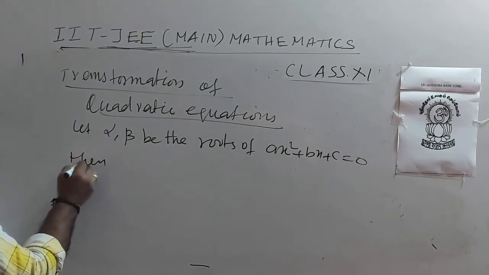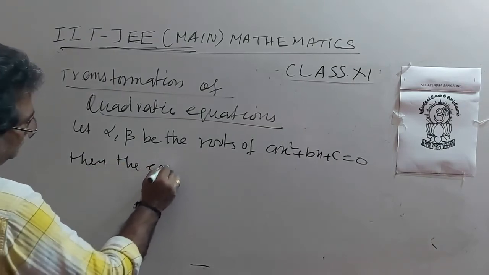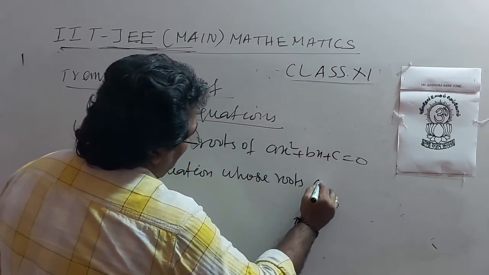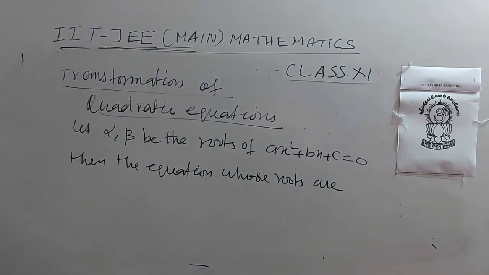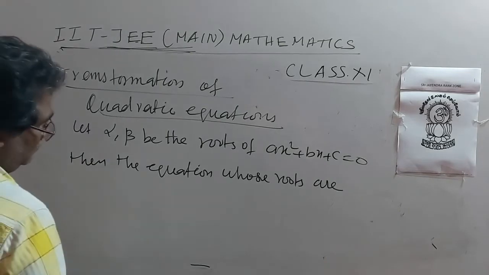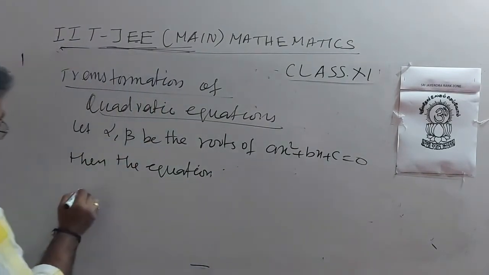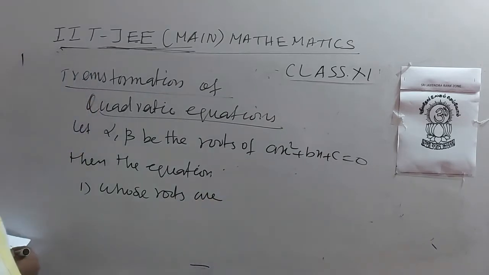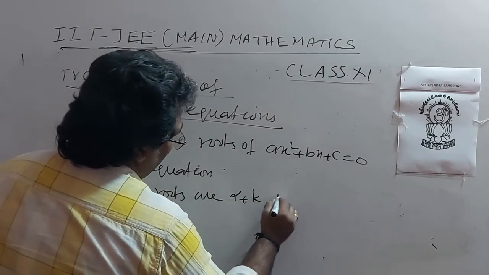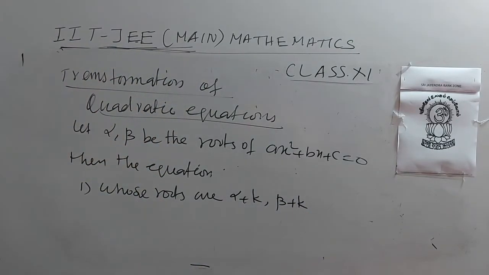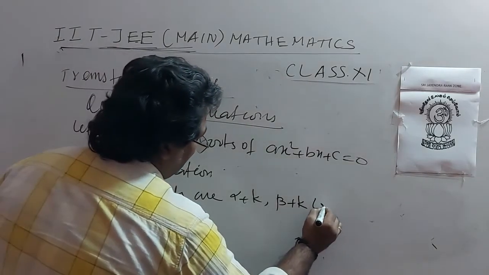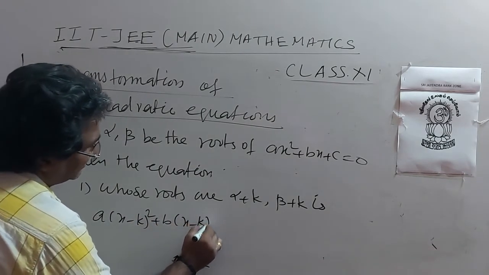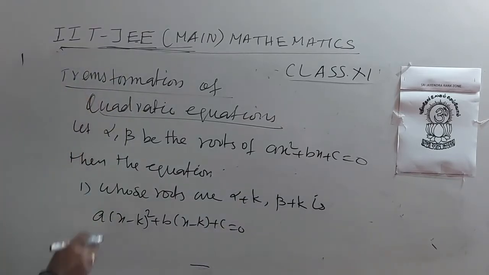Then the equation whose roots are alpha plus k, beta plus k is a into x minus k whole square plus b into x minus k plus c equals 0. In the original equation, x should be replaced by x minus k.